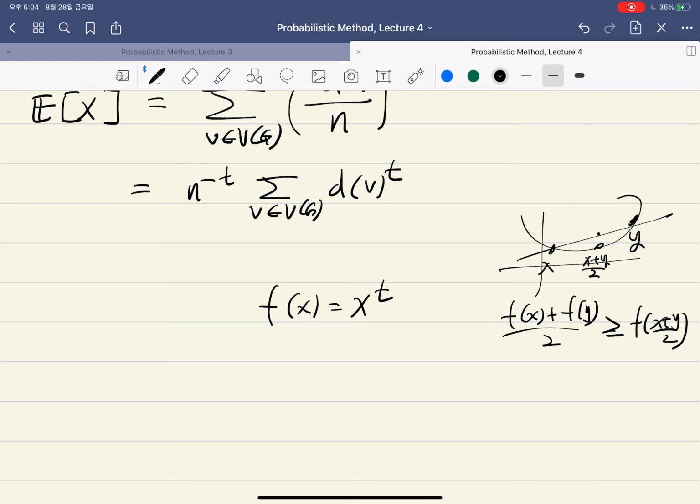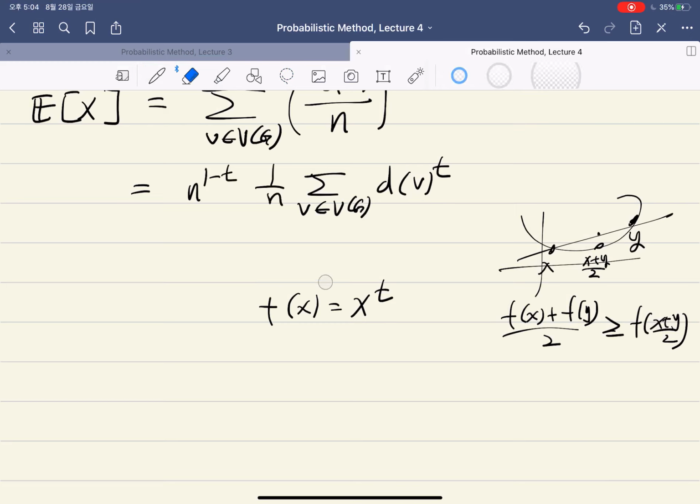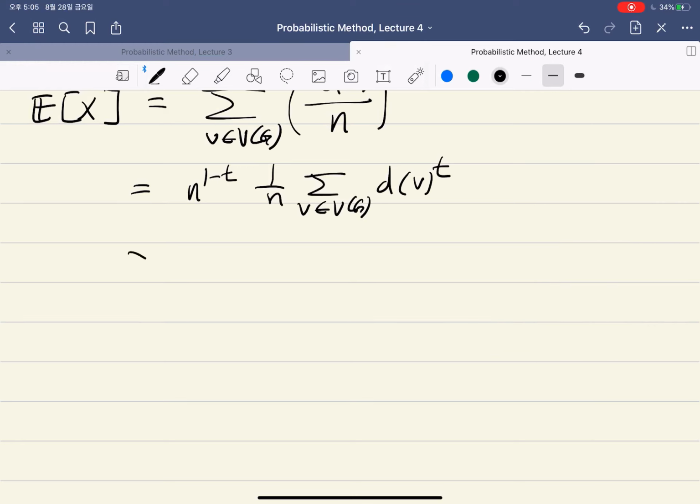So we can conclude, let's write it this way, by using convexity: n to the 1 minus t, times 1 over n summation of degree of v to the t.